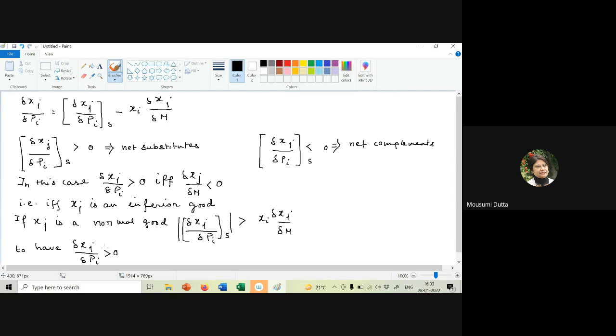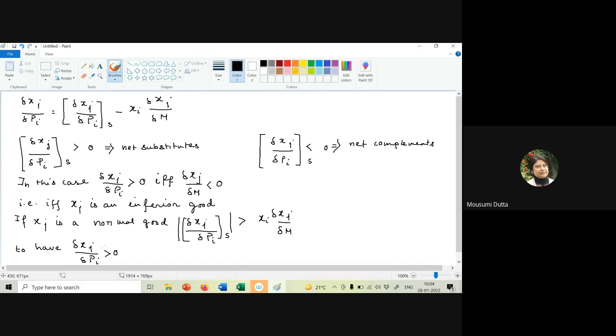However, if the commodities are gross substitutes, then what is happening? The left-hand side is positive. That is indicating del xj by del pi is positive, and that is offsetting the impact of the negative value of xi into del xj by del m.